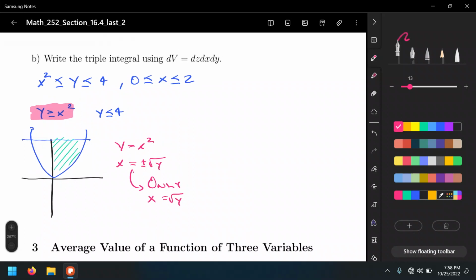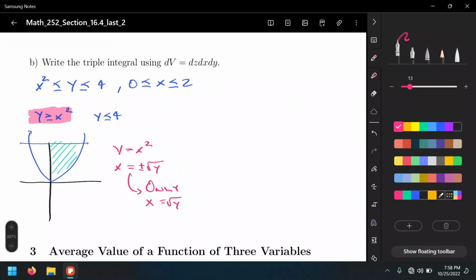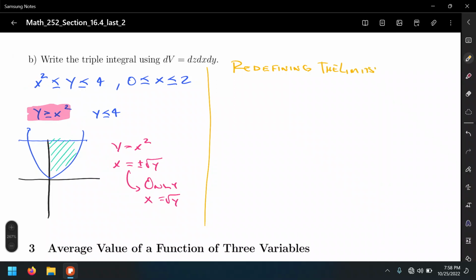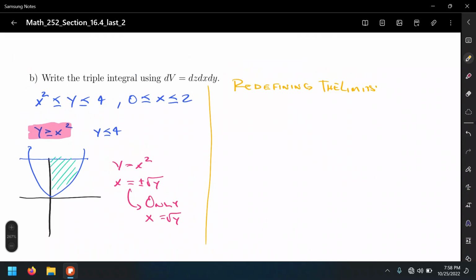So what are we going to have in this case? Redefining the limits: z will still vary the same way, between 0 and 2 minus x.